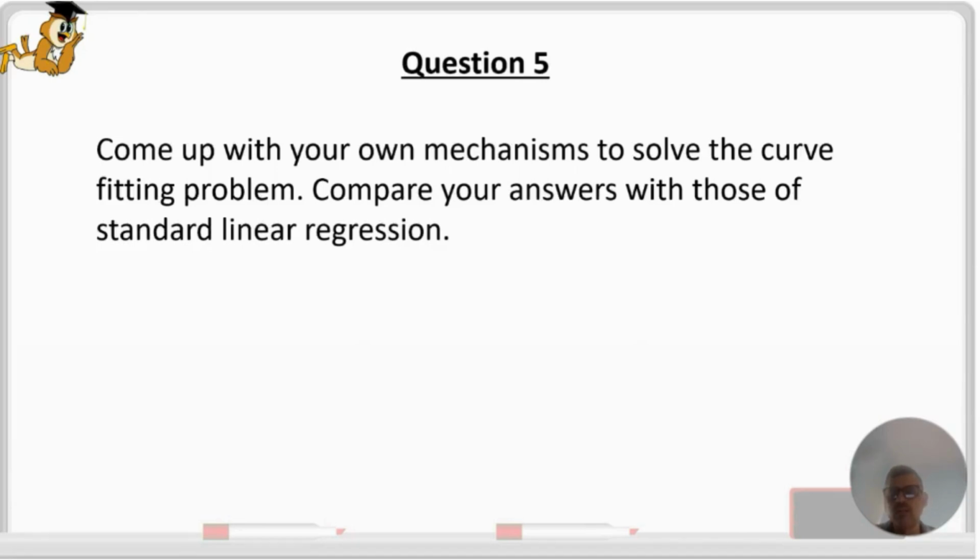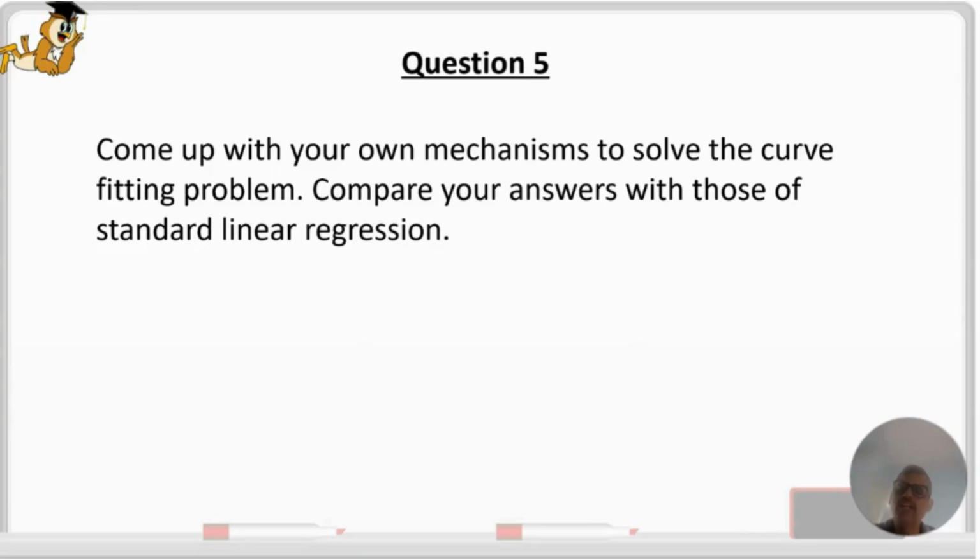Okay. My question to you is, can you come up with your own mechanisms, maybe even simple mechanisms, to do some sort of a curve fitting on your training data, which you can then use for predictions, okay, and compare your answers with those of standard linear regression.